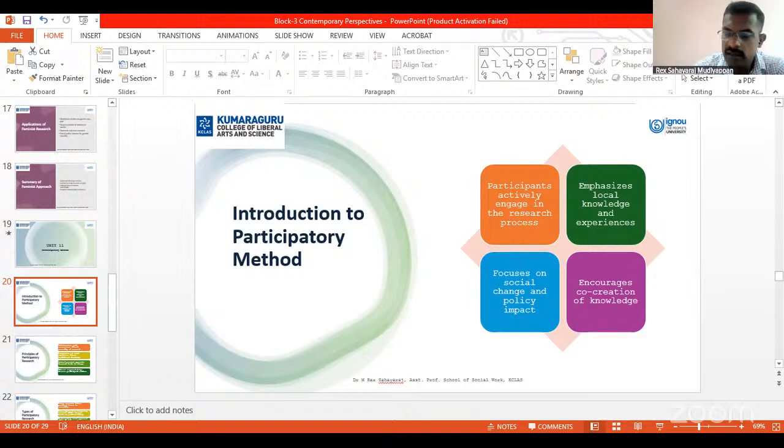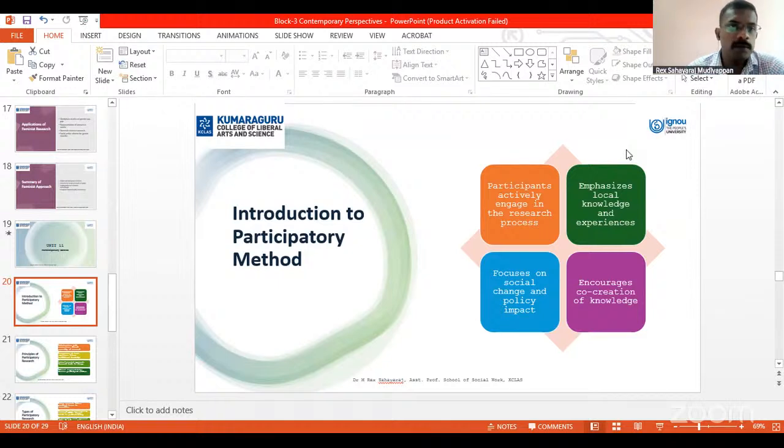It's a simple explanation of what is participatory research. Do you get the point? Participants, your respondents, your sample, actively engage in the research process.